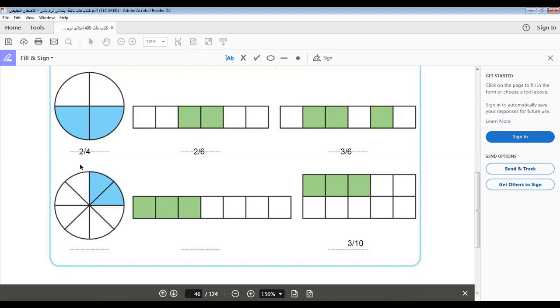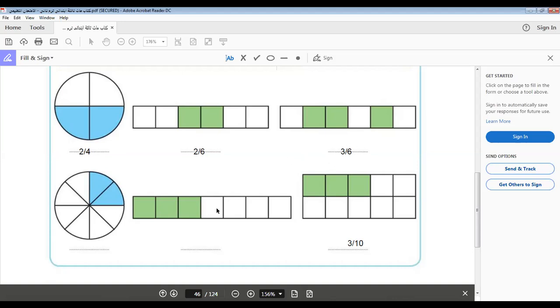Second one, 2 out of all equal parts, 1, 2, 3, 4, 5, 6. So it is 2/6. Third one, you have three green parts, 1, 2, 3, out of 1, 2, 3, 4, 5, 6. So it is 3/6.